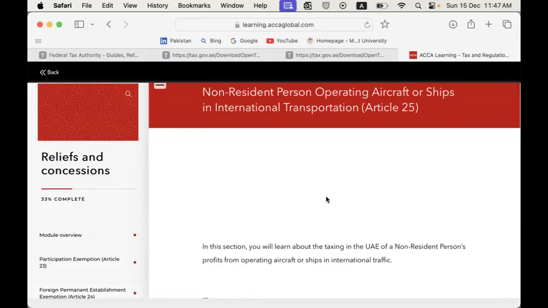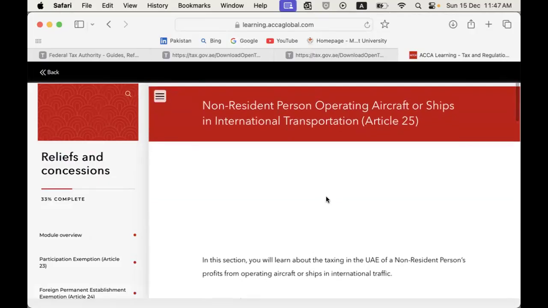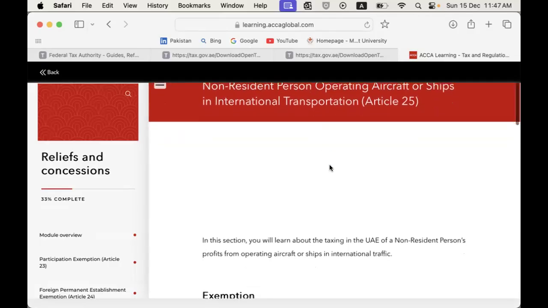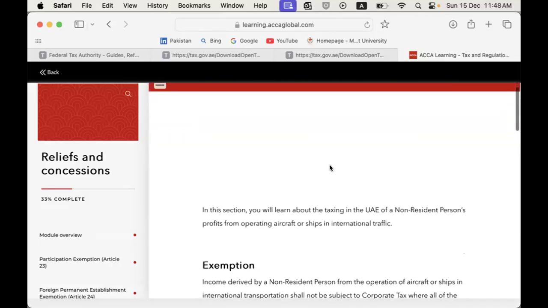One of the special exemptions, international shipping and transportation, basically. Non-resident person operating aircraft or ships in international transportation, which is Article 25 of the Corporate Tax Decree Law. If you have ever read the Model Tax Convention, and I'm sure some of you have, you might have read there is a specific article on international shipping and transportation.